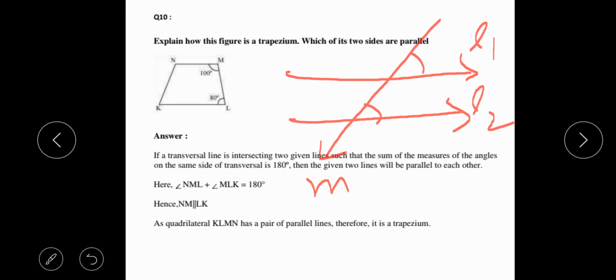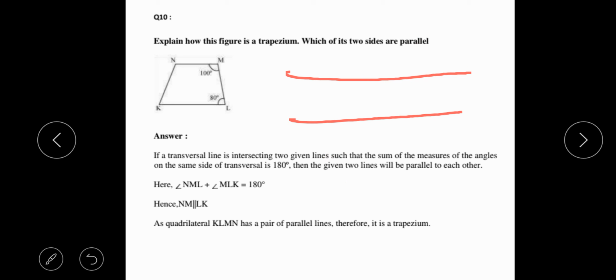Also, if a transversal intersects the given lines and the sum of the measures of the angles on the same side of the transversal is 180 degrees, then the given two lines are parallel to each other. So if the sum of the measures of the angles on the same side is 180 degrees, then we can say that both the lines are parallel to each other. So here again we have to use the same property, that is angle NML.